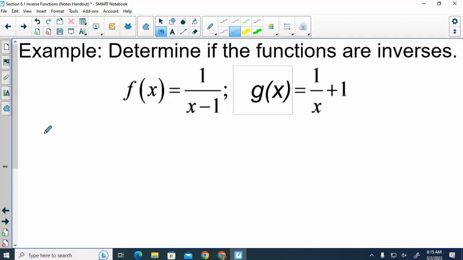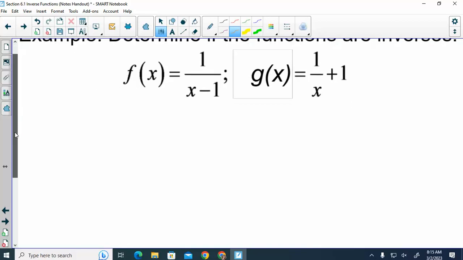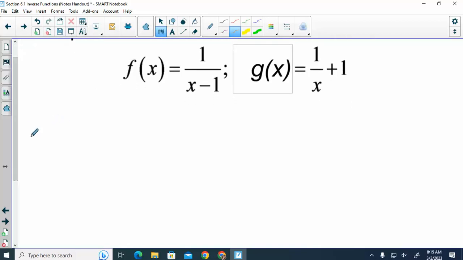Alright. So we're trying to decide if they're inverses. So we do that by finding the composition. So f of g of x. So we start on the inside. So what is g?